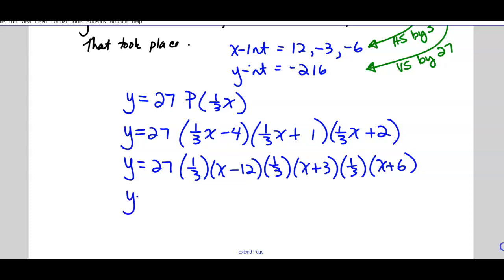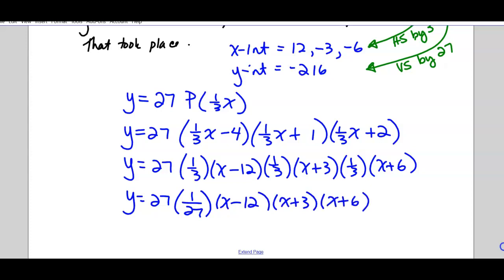That's going to be 27 times 1/3 times 1/3 times 1/3, which is 1/27. Those divide out, and you get that factored form. So you know you've chosen the correct transformation.